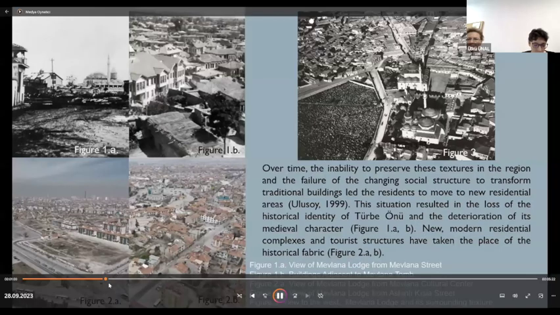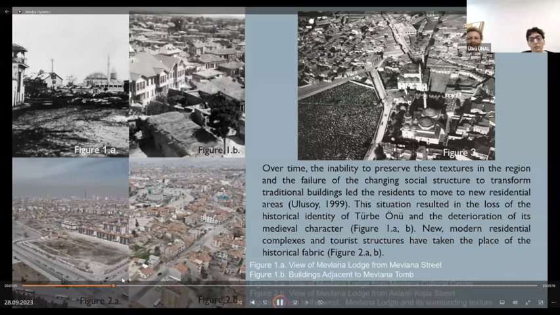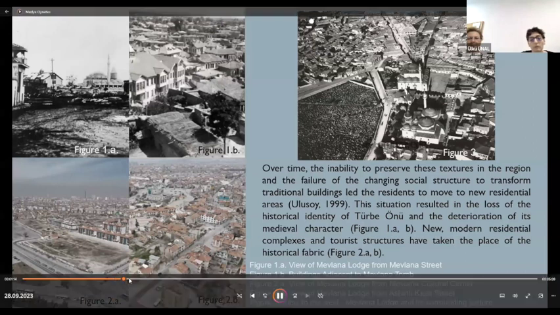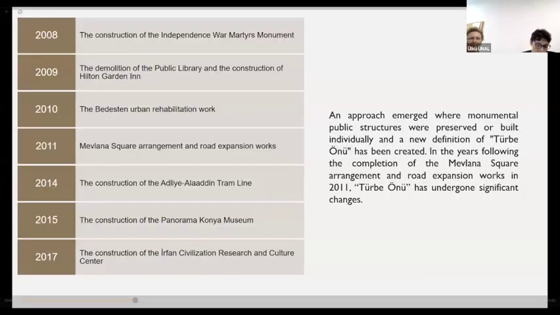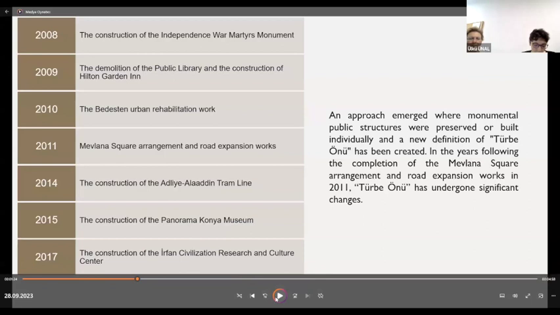Over time, the inability to preserve these textures resulted in the loss of the historical identity of Türbe Önü. New modern residential complexes and tourist structures have taken the place of the historical fabric. An approach emerged where monumental public structures were preserved or built individually, and a new definition of Türbe Önü has been created.